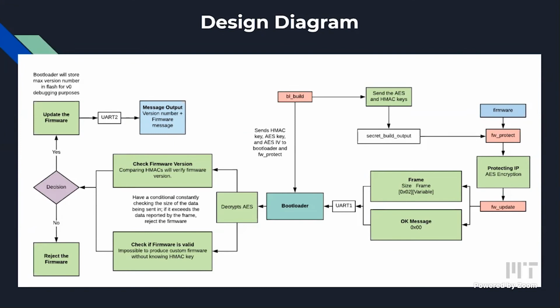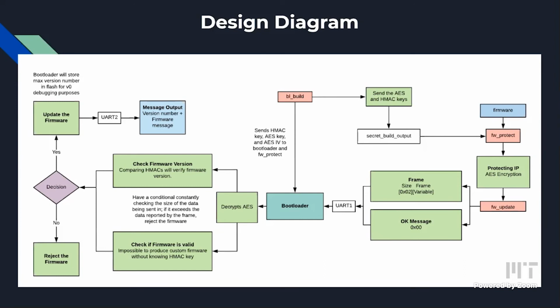Here's a general overview of our design for the embedded system we created. It all begins at BL build, where we create AES and HMAC keys, which are sent to the bootloader and the firmware protect file. We then move on to firmware protect, where we encrypt the firmware using AES, which is then sent to firmware update. In firmware update, we construct a message made up of multiple components, and we send that to bootloader.